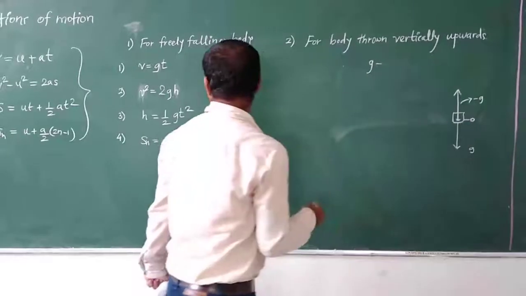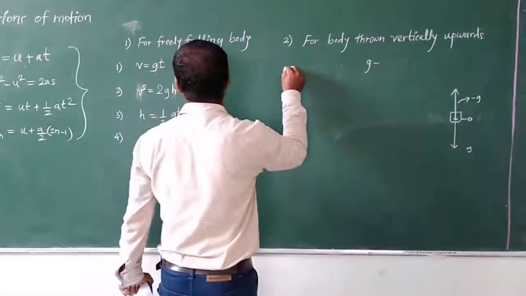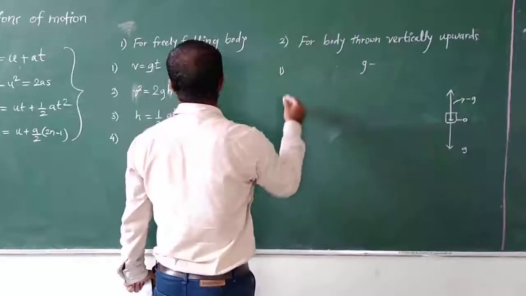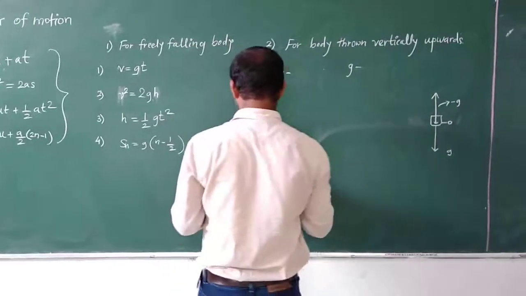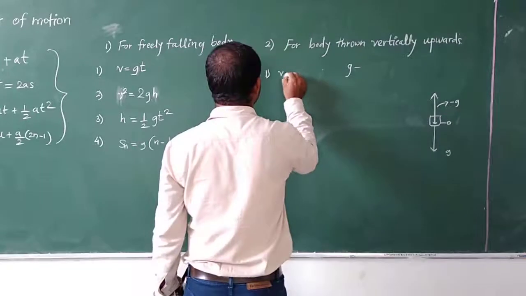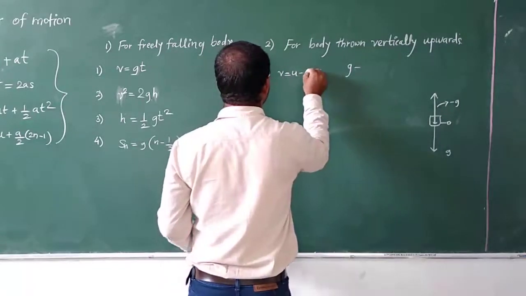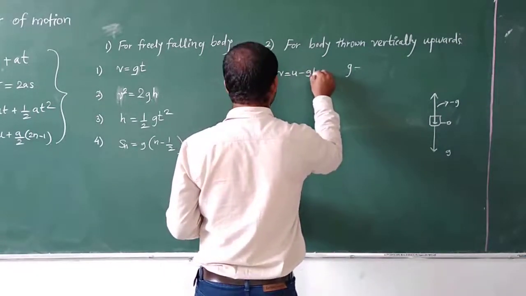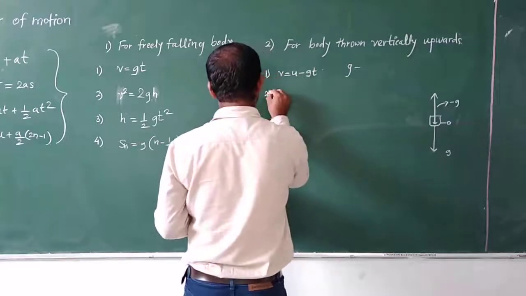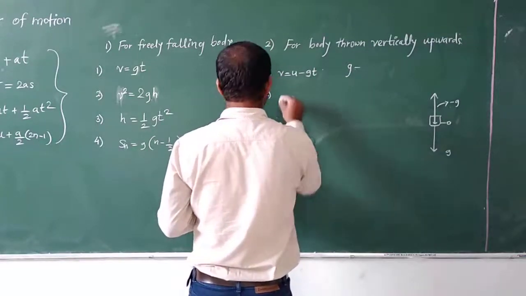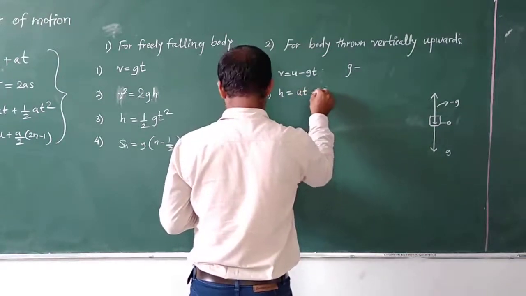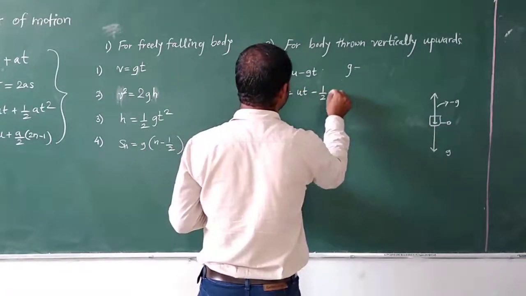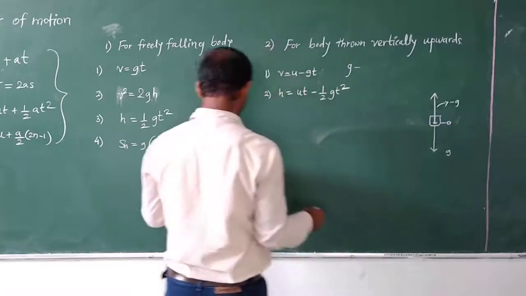So the equations of motion become v is equal to u minus gt. Then the second equation becomes h is equal to ut minus half gt square.